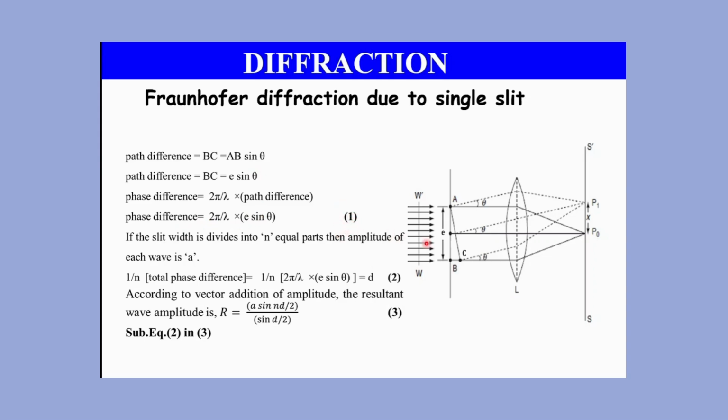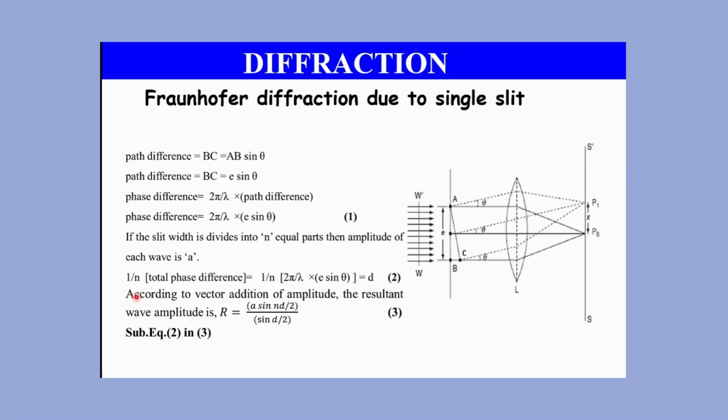Now if the slit width is divided into n equal parts, each wave has amplitude a. Therefore the phase difference between successive parts is 1 by n into the total phase difference, that is, 1 by n into 2 pi by lambda into e sin theta. Let us take this equal to d. We can take it as equation number 2.